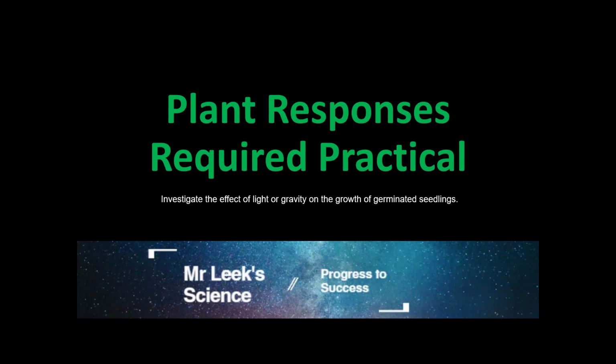Okay, so just spend literally 30 seconds, think about what the experiment could be. And I've got the title there written in white, which is straight off of the syllabus, and it says, investigate the effect of light or gravity on the growth of germinating seedlings.